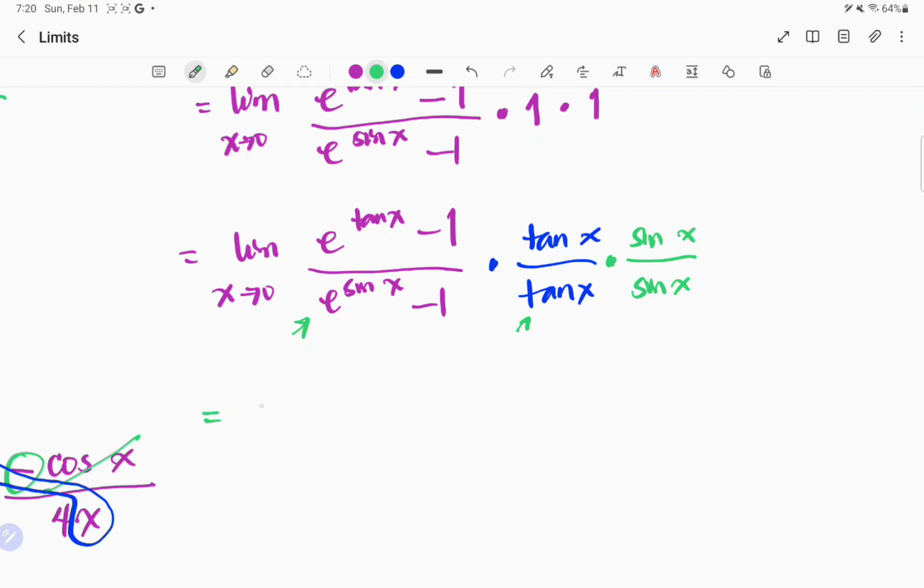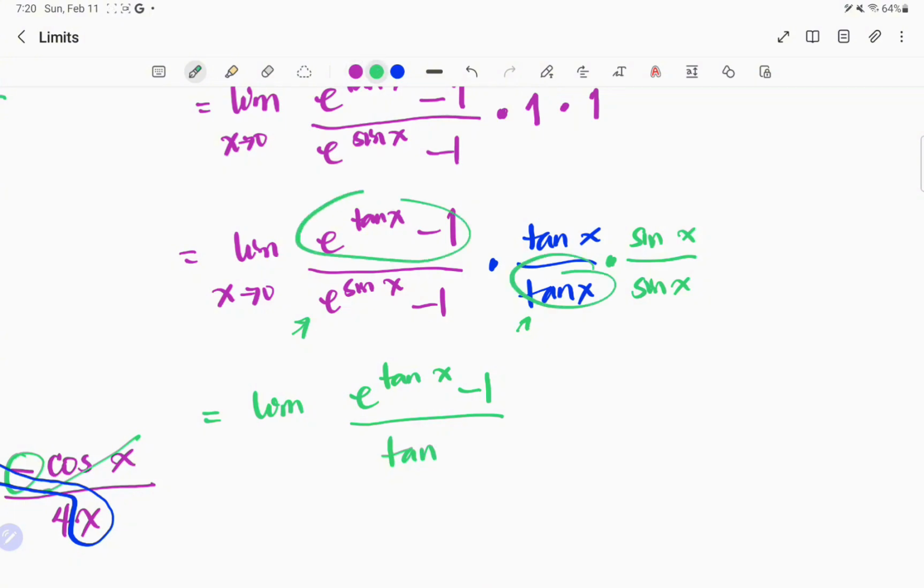I can just rewrite this as the limit of e raised to tangent x minus 1 over tangent x, so I have already used this and this one, times sine x over e raised to sine x minus 1. So I have already used this sine and this denominator.